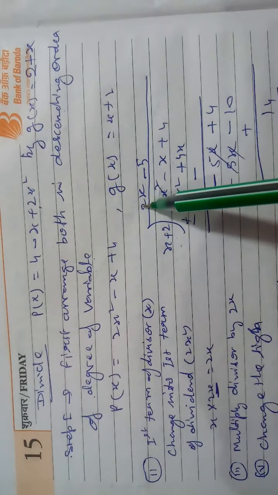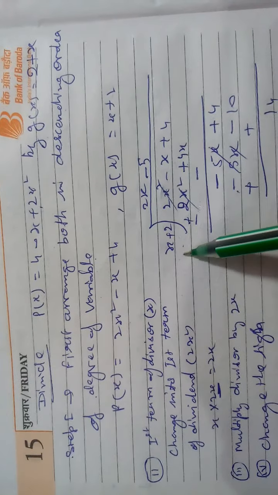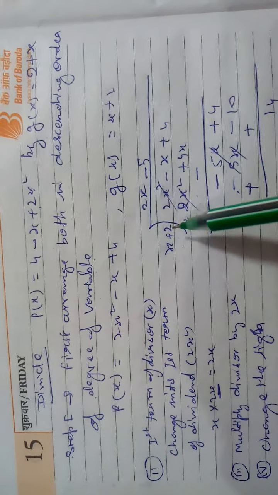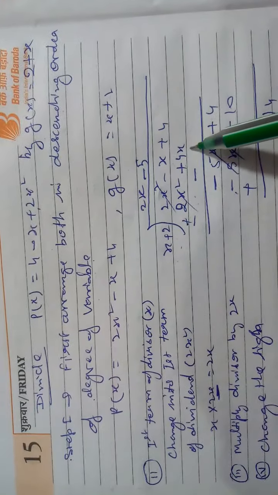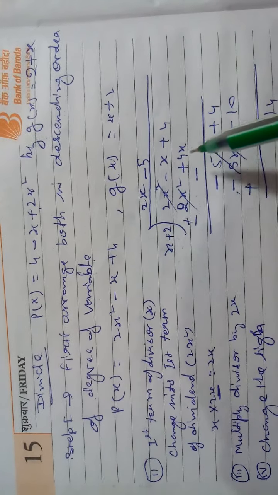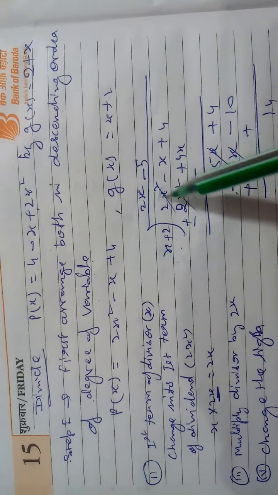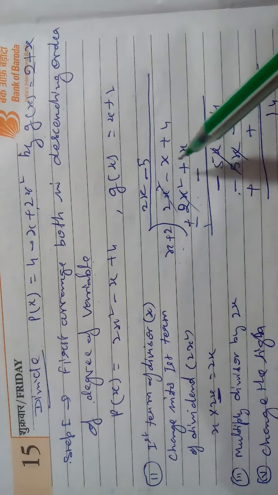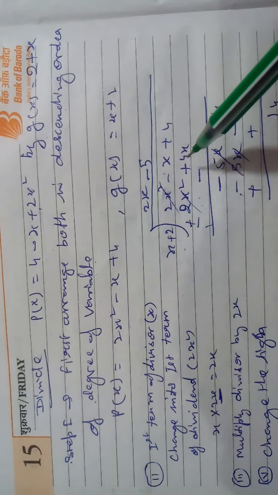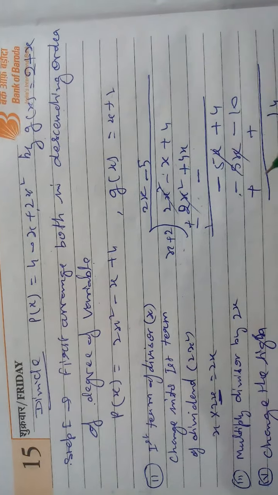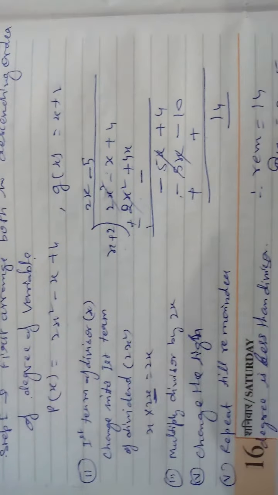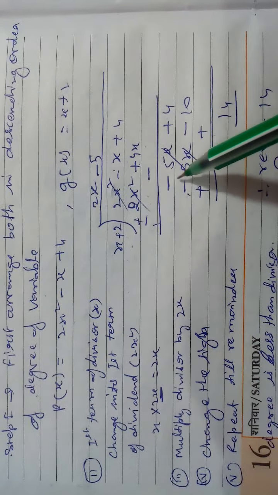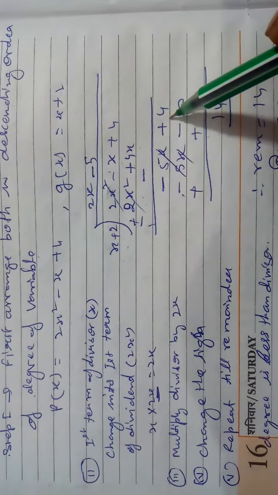So it is your quotient. You write here 2x into x, 2x square. 2x into 2, 4x. Here plus sign, here plus sign. Now the sign is changed. This and this cancel. You are getting minus sign here, 4 plus 1, 5x, minus 5x. Now you will get minus 5x and this will be as it is.